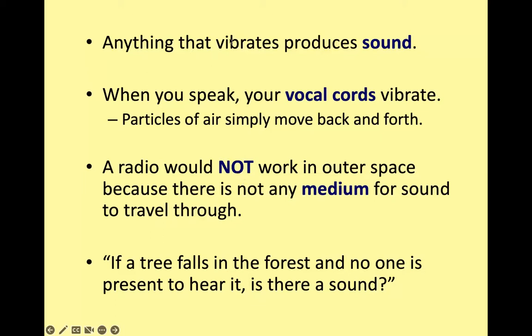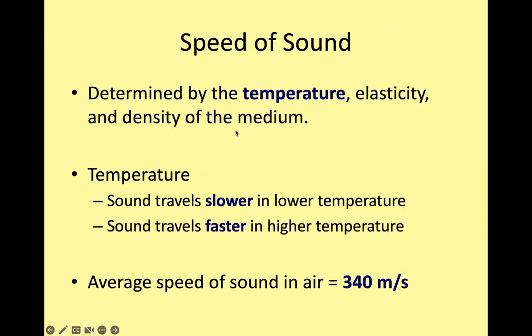All right. Next. So the speed of sound. The speed of sound is determined by the temperature, elasticity, and the density of the medium. Sound travels slower in lower temperature. All right. Sound will travel slower when you are in a lower temperature, whereas sound will travel faster in a higher temperature.